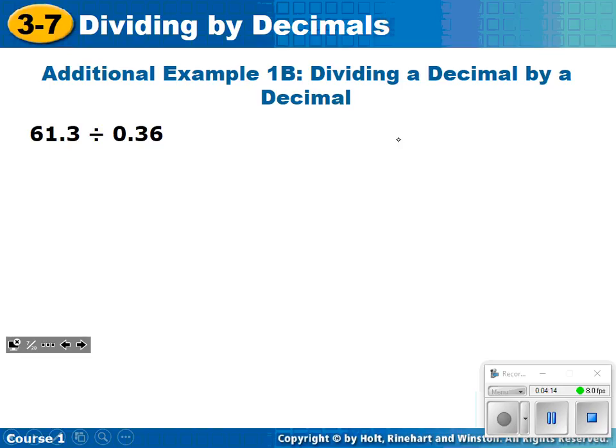Number 1, first you want to move the decimal over in the divisor. By the way, I'll write this down. In this problem, the divisor is 0.36. So you want to move the decimal over in the divisor to get a whole number.